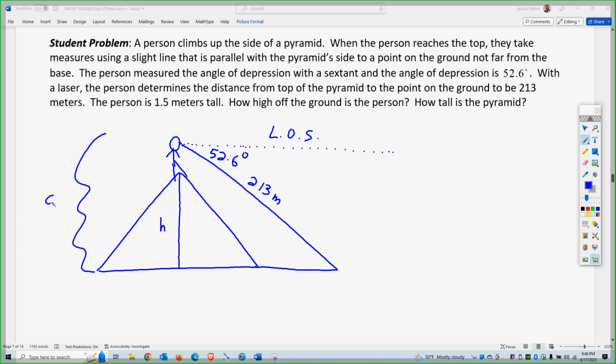We'll call that D. How's that sound, right? So when we do that, the problem is when I create this triangle, this angle right here is also 52.6 degrees because they're alternate interior angles from geometry, right?